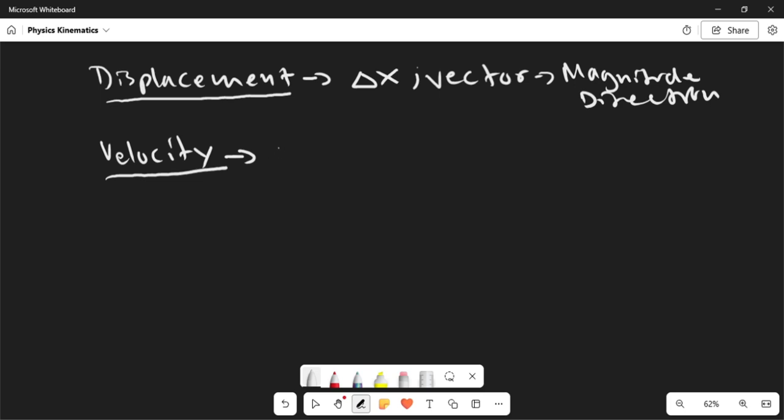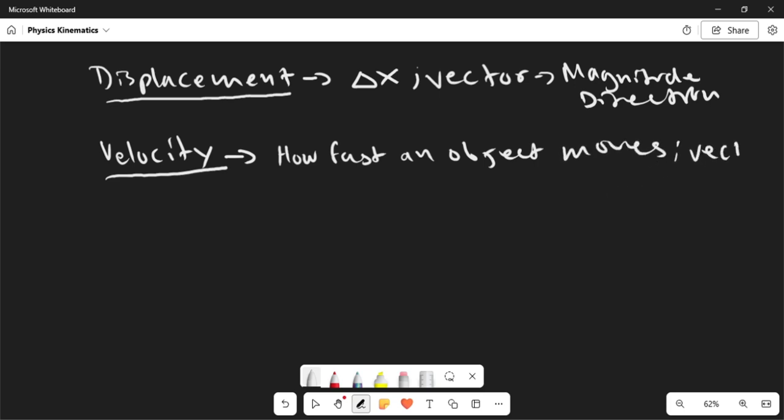But let's write it as how fast an object moves. It's also a vector. Okay, so how fast an object changes position.